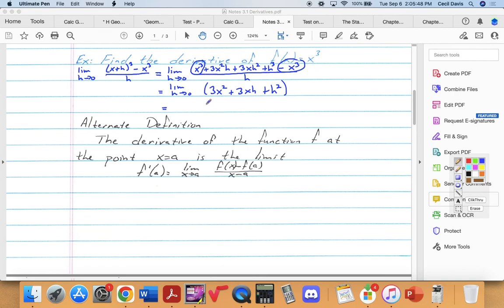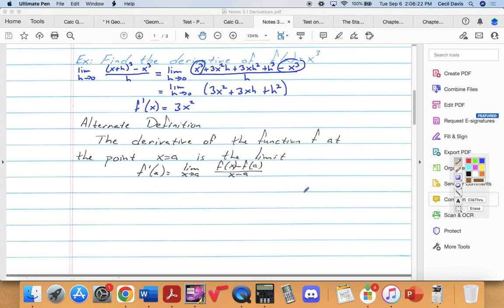Let h go to 0, and the second two terms both drop out, and you get 3x squared is f prime at x. In other words, that would be the formula to find the slope of the curve, or the slope of the tangent line, they're the same thing, at any value you wanted to. All right. Any questions about how to do that?